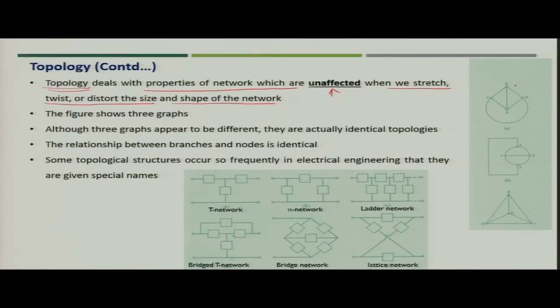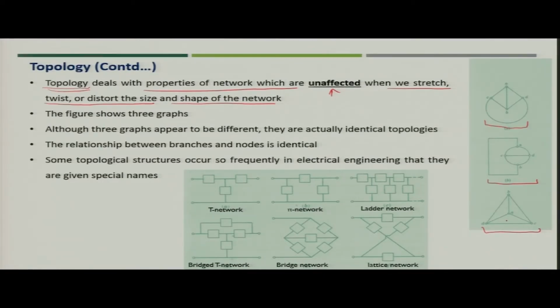Say in this example, the topology of one particular circuit is like this, where A, C, B, D and A, B are connected in this fashion, and there is another circuit where you create the topology in this fashion, where these elements are connected like this, and a third one where the elements are connected in a triangular fashion.